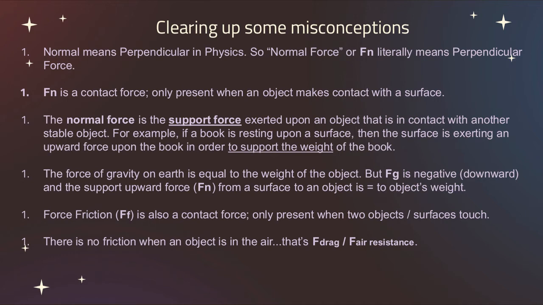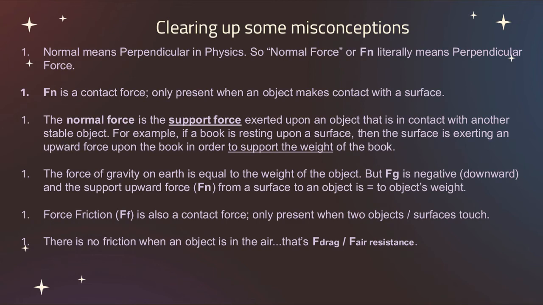Normal force is a contact force, and it's the support force that is exerted upon the object that is in contact with another object. So let's take your Chromebook that is resting on the desk right now. The surface, that being your desk in front of you, is exerting an upward force onto your Chromebook in order to support the weight of the Chromebook.